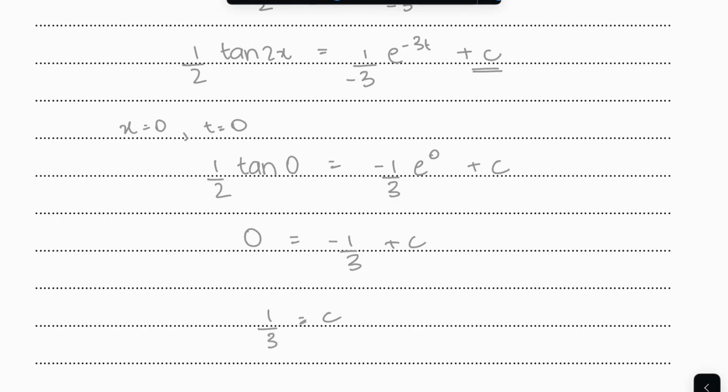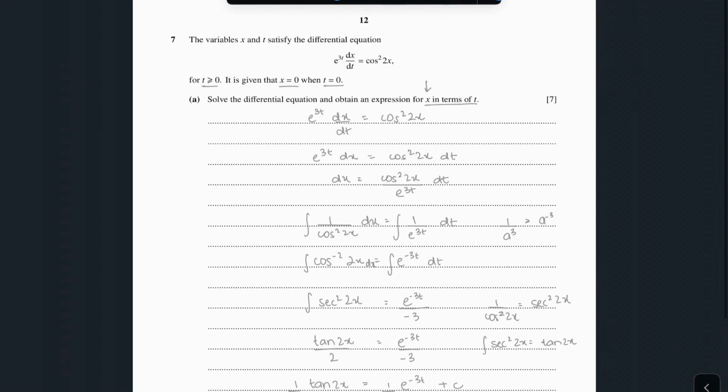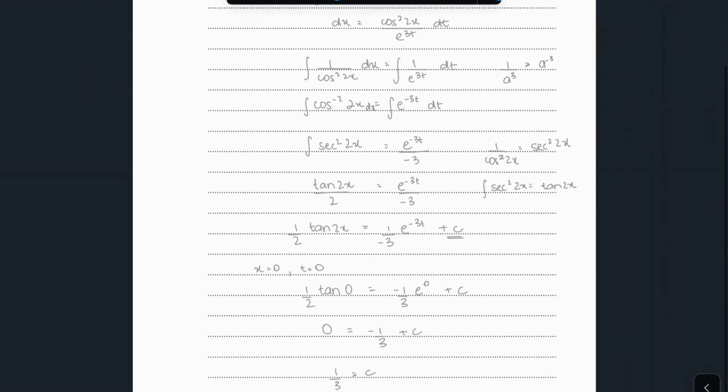Now we needed to find our equation in terms of t for x. So let's rewrite our equation and then make x the subject. So far we have half tan 2x is equal to minus 1 over 3 e to the power minus 3t plus 1 over 3. Now we can factorize this and make x our subject.